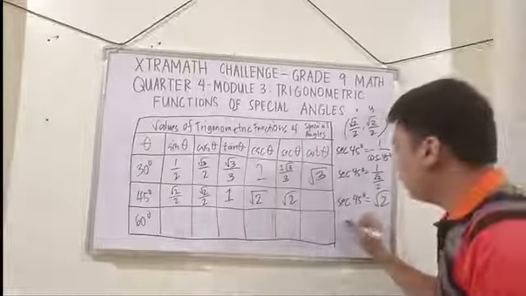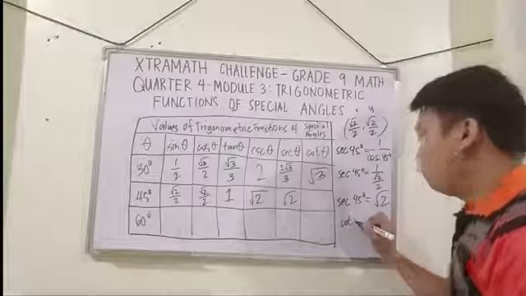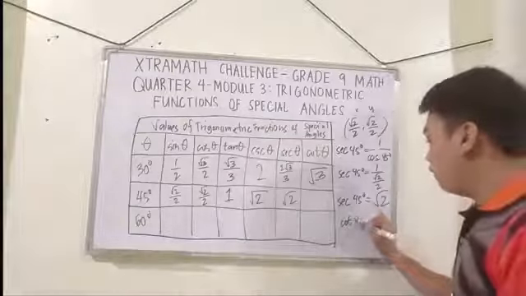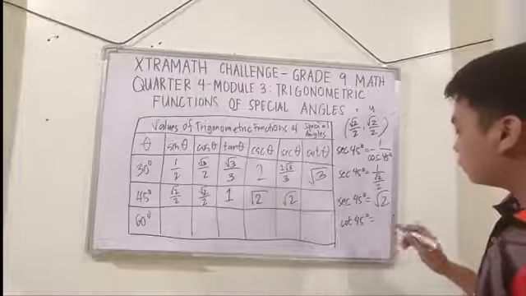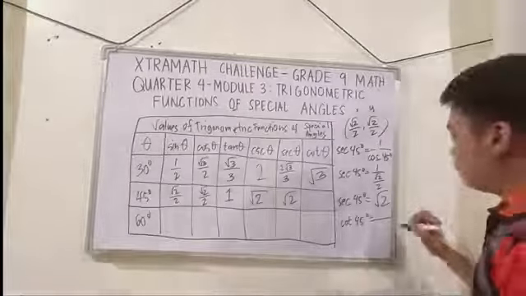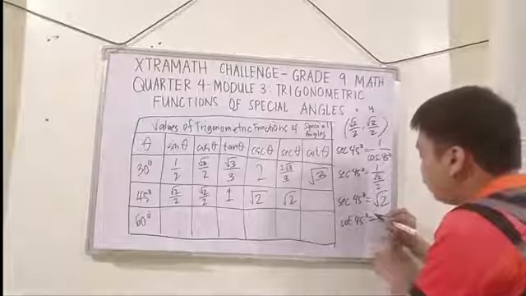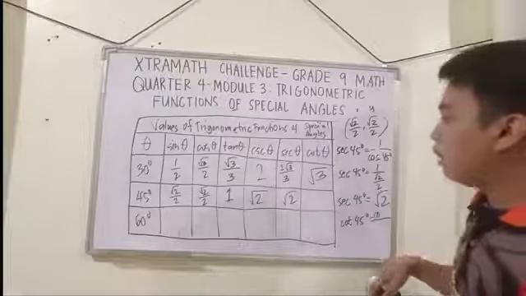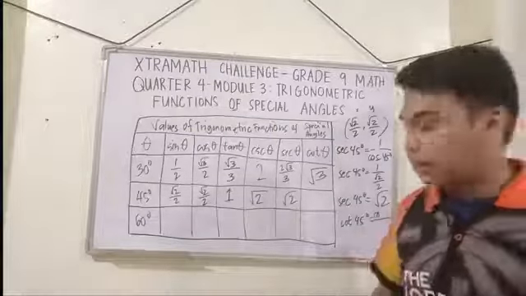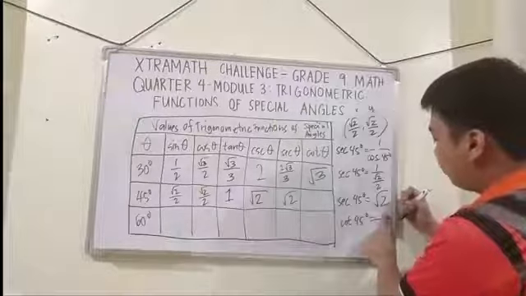Now, for the cotangent of 45 degrees. So cotangent of 45 degrees is equal to the reciprocal of tangent.